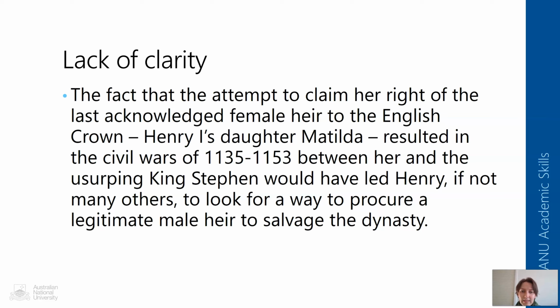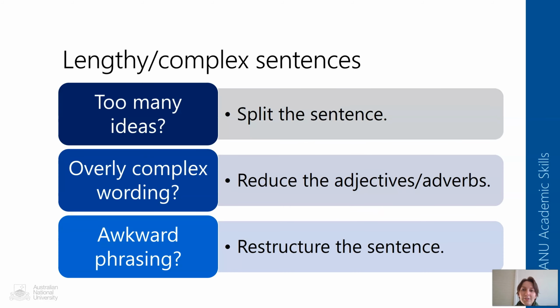So when you have a sentence that lasts for more than 2 lines, really take a look at it very carefully and think about, can it be misinterpreted? Because this is one of the most common problems with writing up essays, is the long sentences. So what you want to do is try splitting up the sentences, divide them up into multiple ideas. Reduce the amount of adjectives or adverbs that you use. Ask yourself, is this word absolutely necessary to get my argument across?